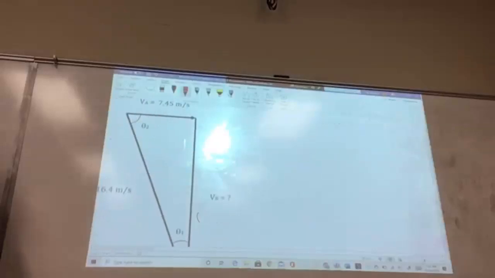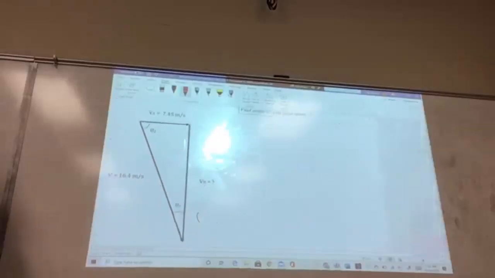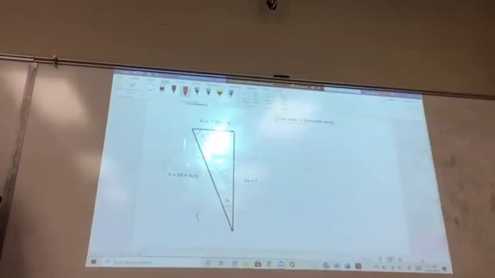Triangle 4. Find angle theta 2. Okay? And I know this is the hypotenuse. This is the opposite side. This is the adjacent side. Hopefully we all got that. And I have been given the adjacent side and the hypotenuse.